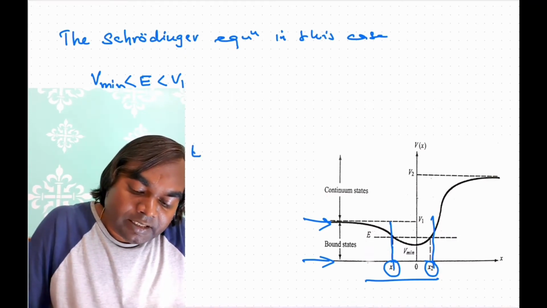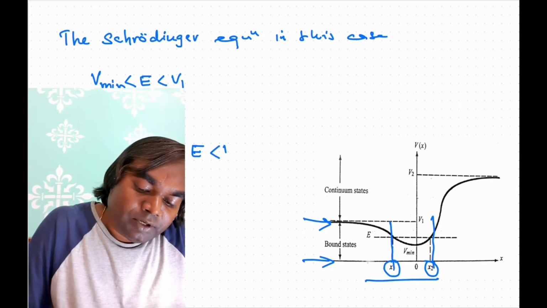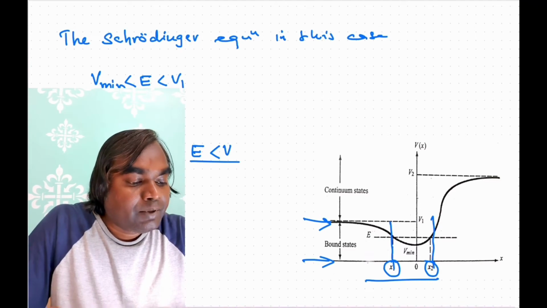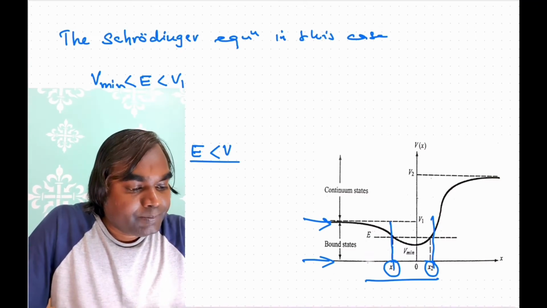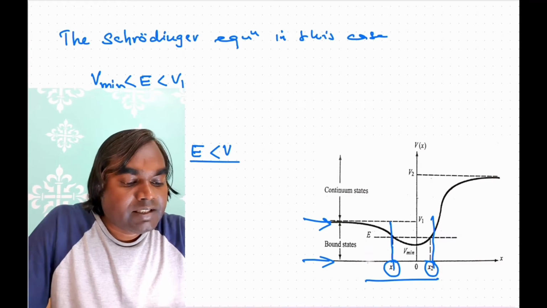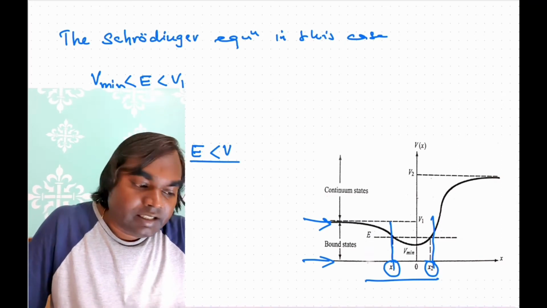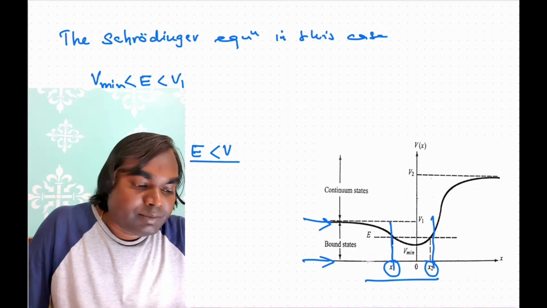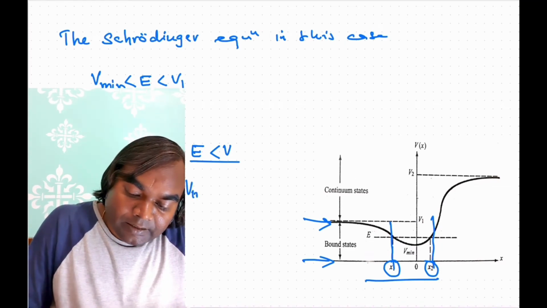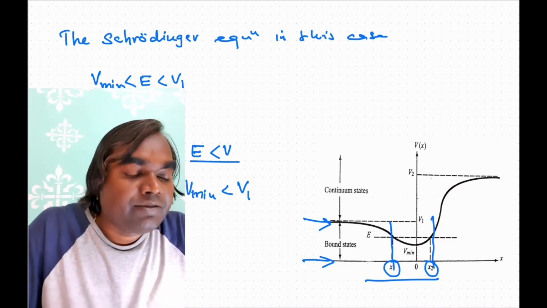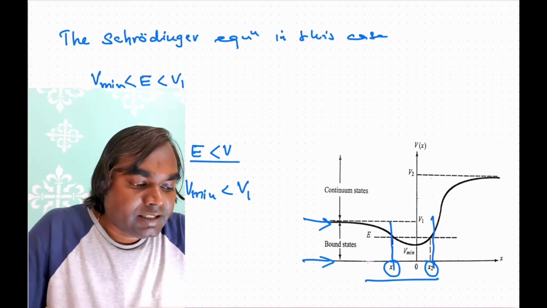That means for a particle to be in a bound state, the energy of the particle should be less than the potential. For a bound state to exist, the potential V(x) must have at least one minimum which is lower than V1, that is, here V minimum is less than V1. The energy spectra of bound states are discrete.